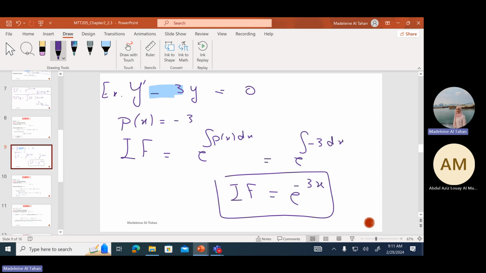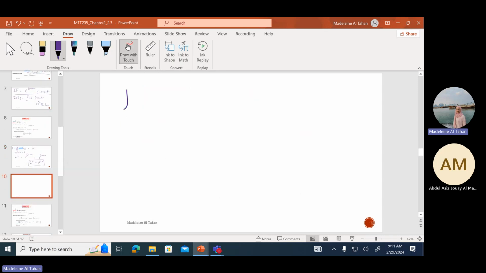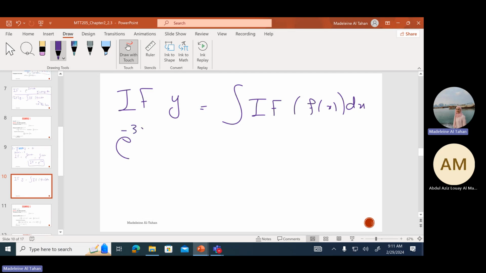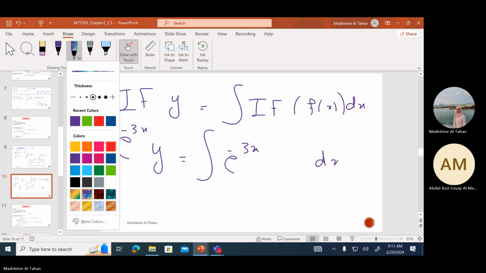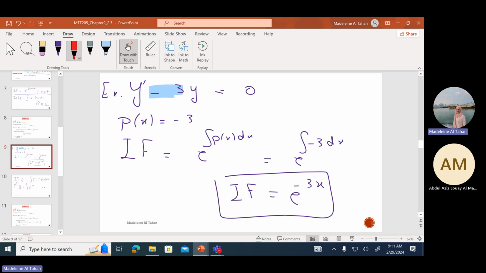Now, the last step: the integrating factor times y is the integral of the integrating factor times f of x dx. What's our integrating factor that you found? e to the minus 3x. So this one is the integral of e to the minus 3x times f of x dx.